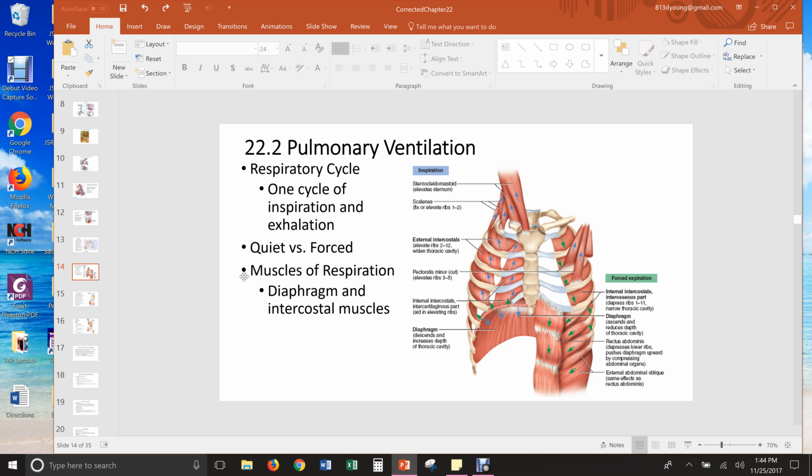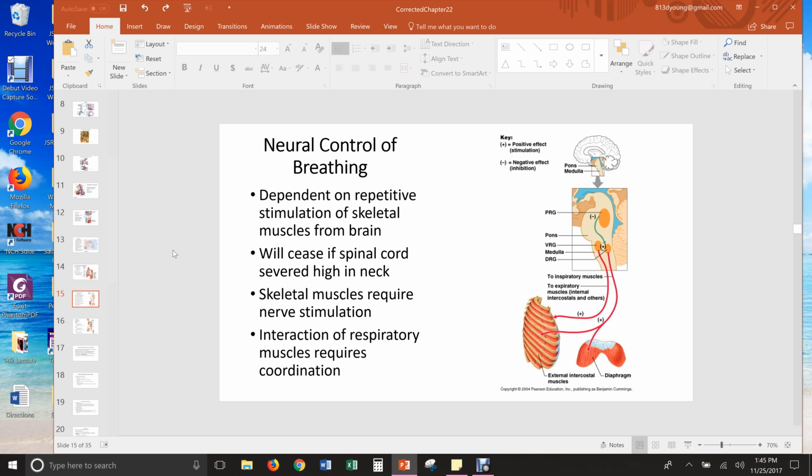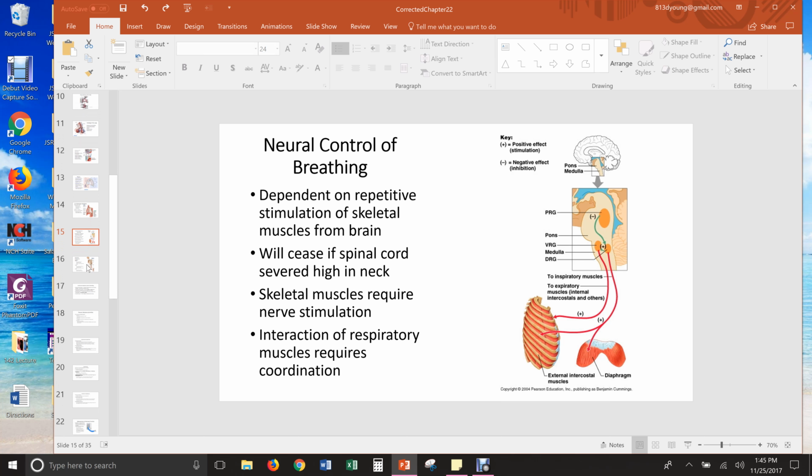There are quite a few muscles involved in respiration, especially the muscles in between the ribs, as well as that huge diaphragm.